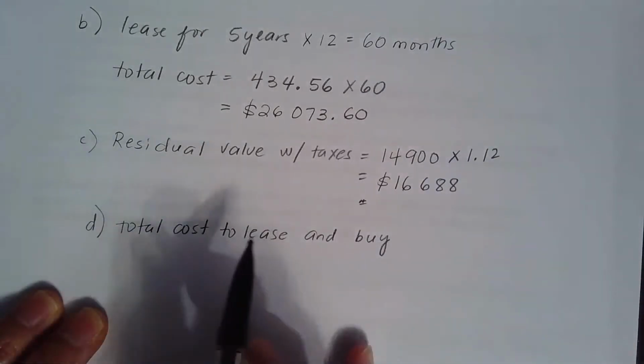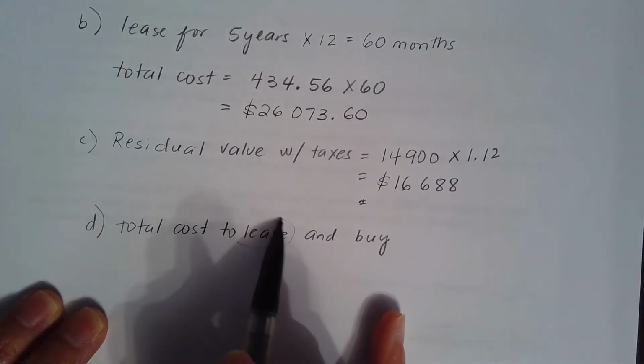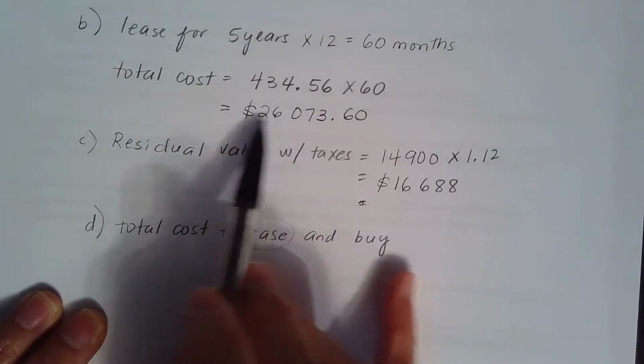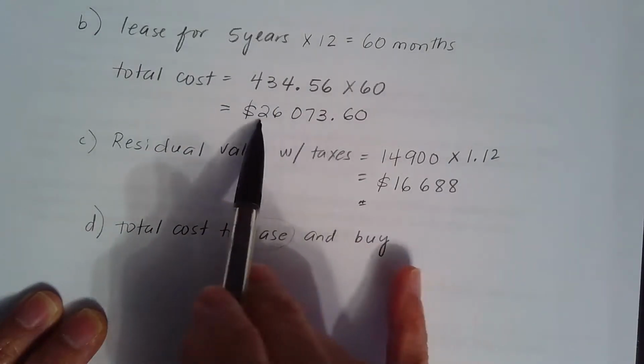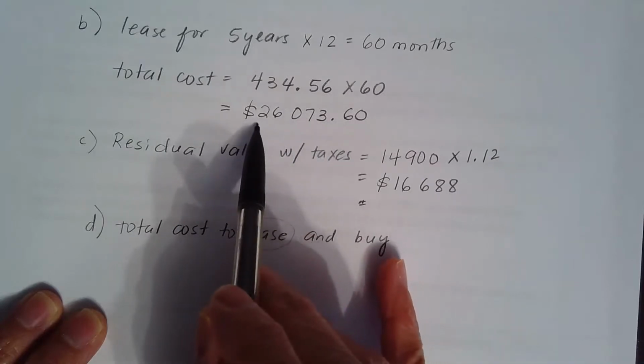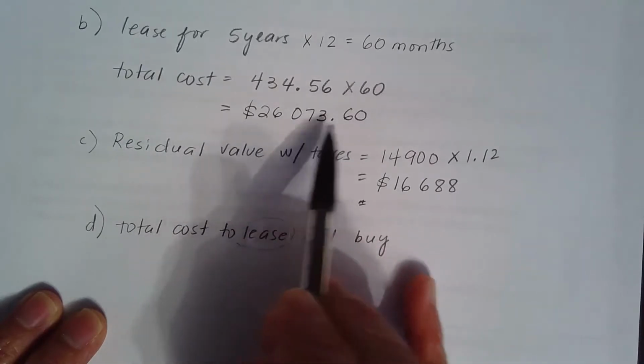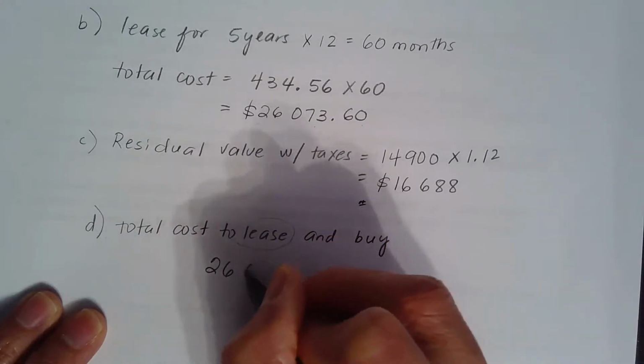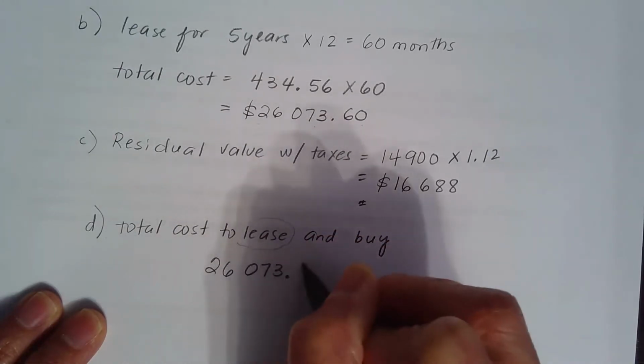Okay, now let's take a look. How much does it cost to lease? It says here, total cost to lease. That's the answer from letter B. Total cost to lease is $26,073.60.